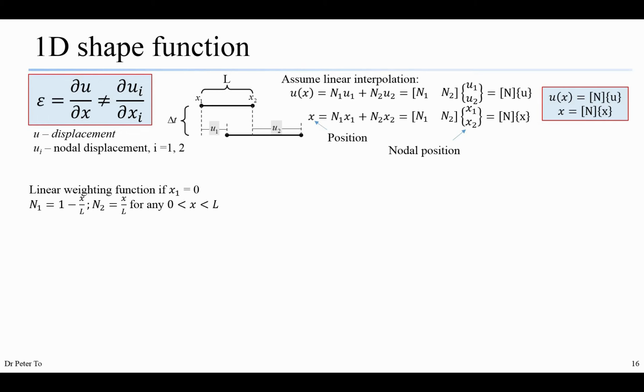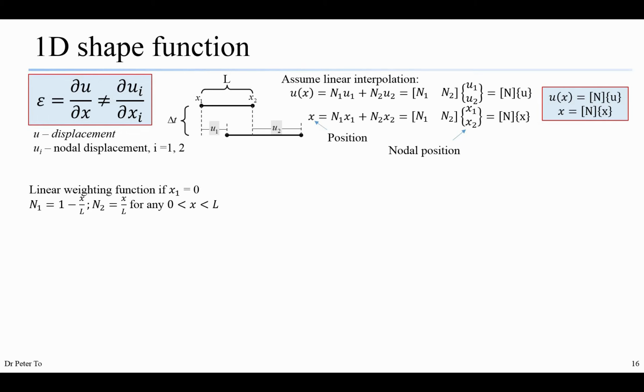For easy use, when x1 is not equal to 0, I use a local coordinate zeta, where zeta goes from −1 to 1 as x goes from x1 to x2. This way, I have N1 = (1 − zeta)/2 and N2 = (1 + zeta)/2 for any x.